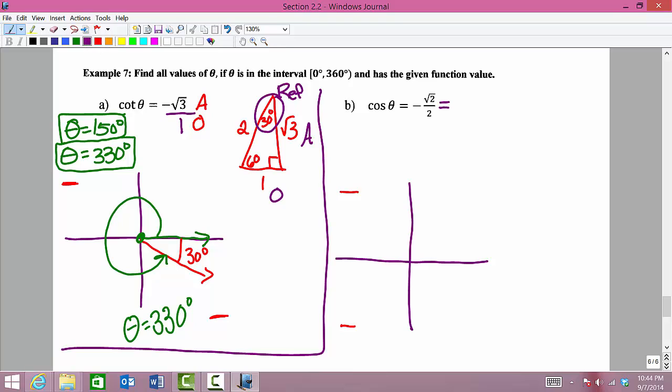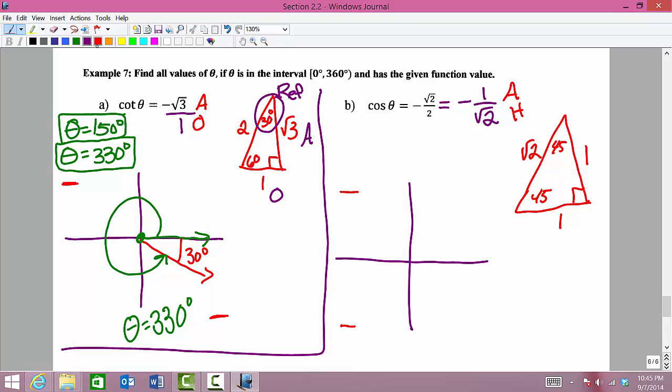Let's unrationalize. The unrationalized version would of course be negative 1 over square root of 2, and cosine is adjacent divided by hypotenuse. So when we pull up our special triangle here, that would be referencing our 45, 45, 90. We have square root of 2 as our hypotenuse, and the other sides are 1.